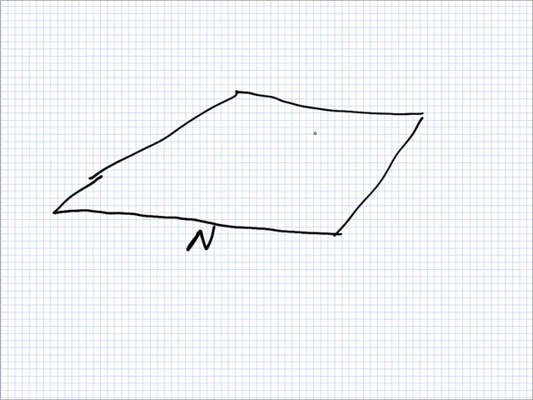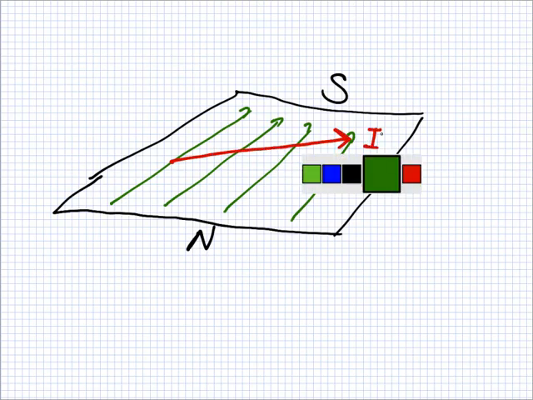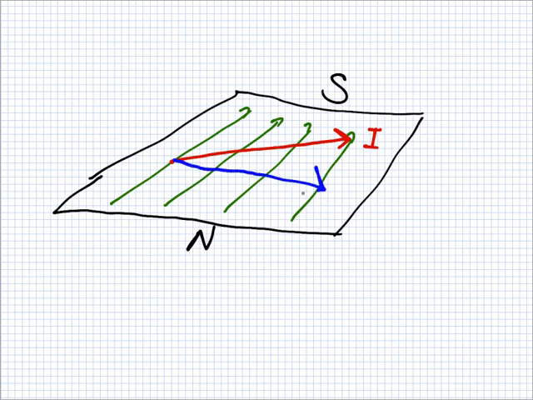This is the north and this is the south. So let's say our current I is going across at an angle. It has two parts. This one and this one.